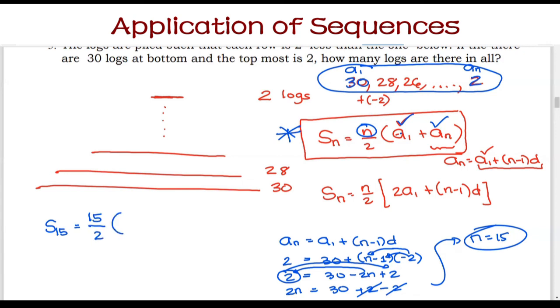What is a sub 1? 30. What is a sub n? 2. Okay? So, let's simplify. Okay? So, 15 over 2 times 32. Kita niyo? Pwedeng mag-cancel 'to. Ito magiging 16. Okay? So, you get 15 times 16.